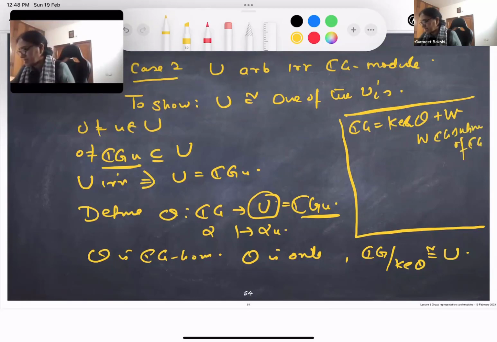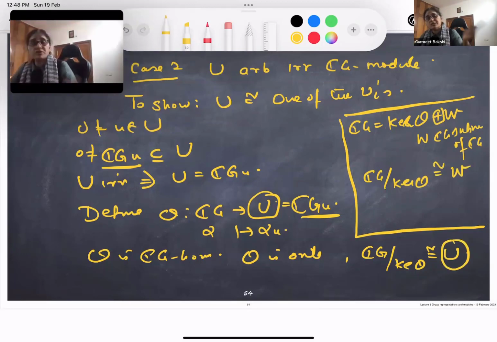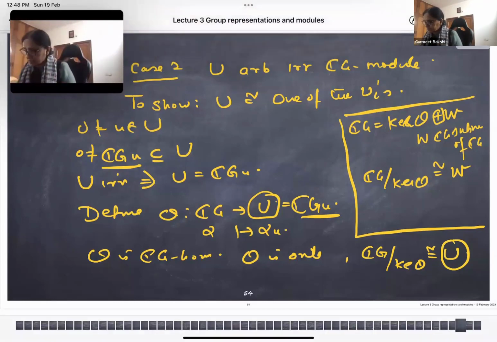Because of Maschke's theorem, it has a complement, and therefore CG mod kernel theta is isomorphic to W. So U is isomorphic to a CG submodule of CG, and now you apply your previous case: an arbitrary irreducible CG module is isomorphic to a CG submodule of CG, and therefore it is isomorphic to one of the UIs.